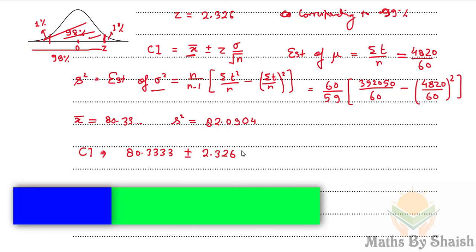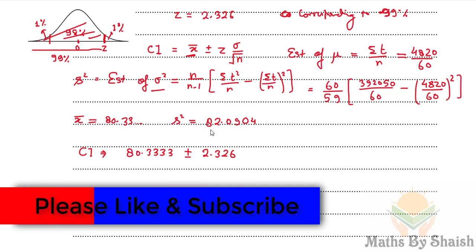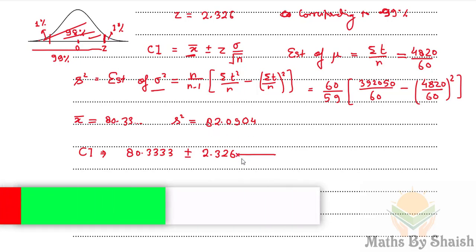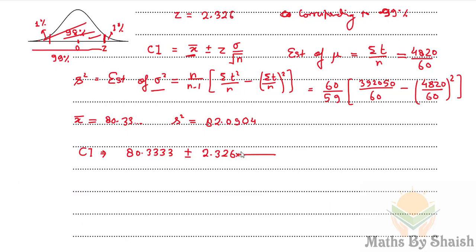So from here we get sigma as the square root of s square. We are writing the estimate for this, so square root of this, over square root of n as well, so it is going to be the square root of 82.09039 upon 60. So we will calculate this.